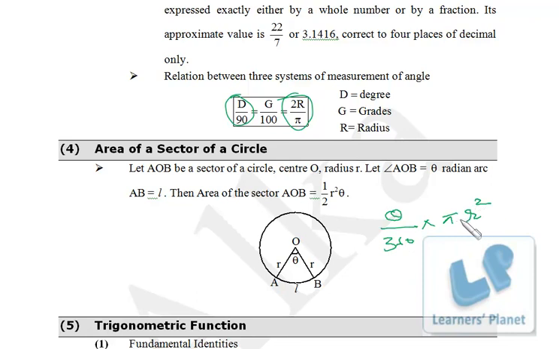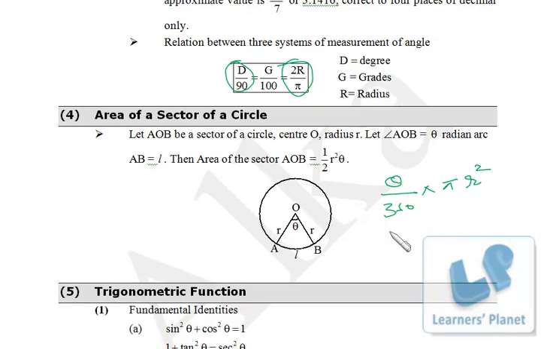So that is the area of the sector. Now pi radian is equal to 180 degrees, so it is precisely theta by 2 r square. Okay, or we can say r square theta by 2, half r square theta, right? Pi is 180 degree. Okay, so this relationship you must be knowing.